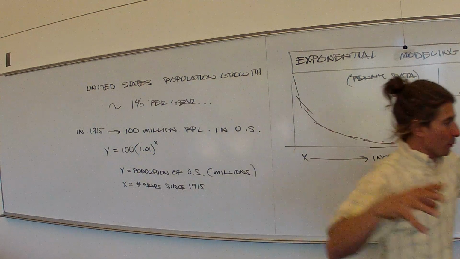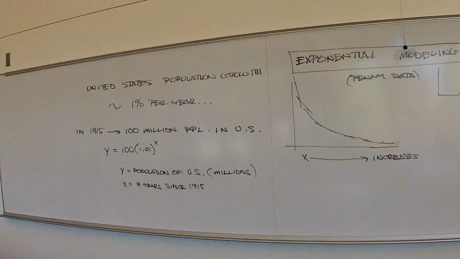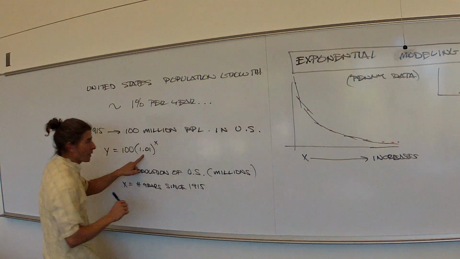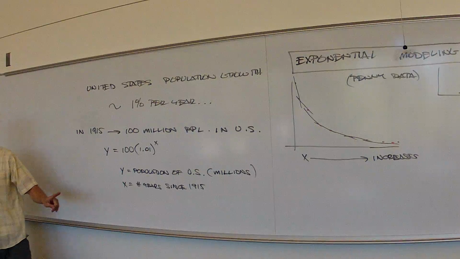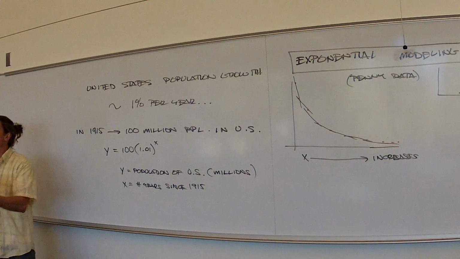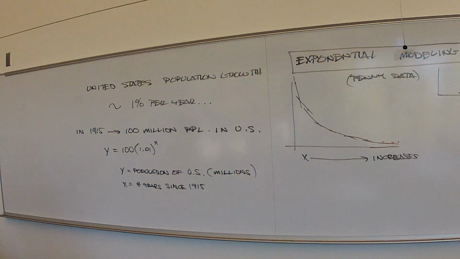But I want to blow out this model like I did with the coin flip. The reason why it's 1.01: remember with the coin flips, it was 1 minus something because we were taking away 52% on each flip. We're not taking away anymore. We're adding 1% each year.